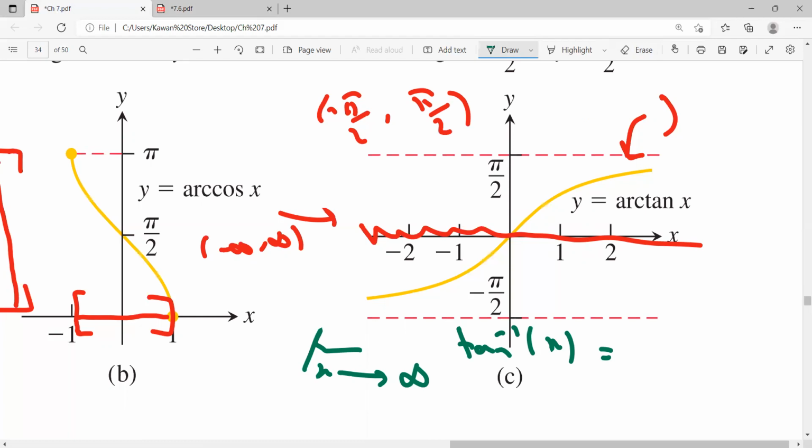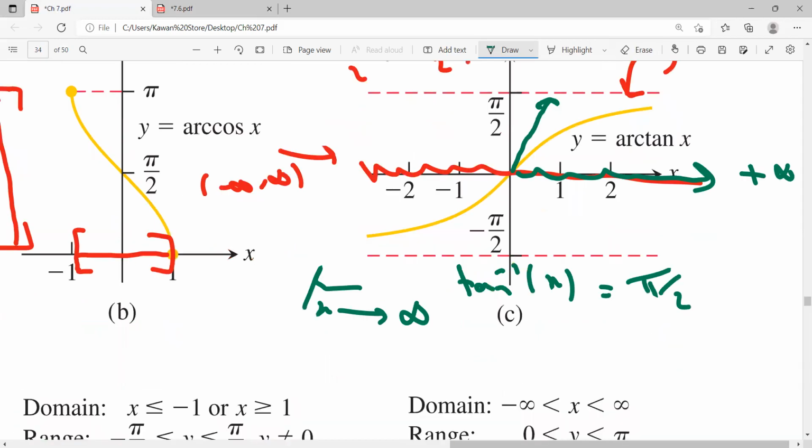Here's the graph and answer. Pi over 2. Why? Because I am going to positive infinity, right? So my graph is going to where? Up to y equals pi over 2.